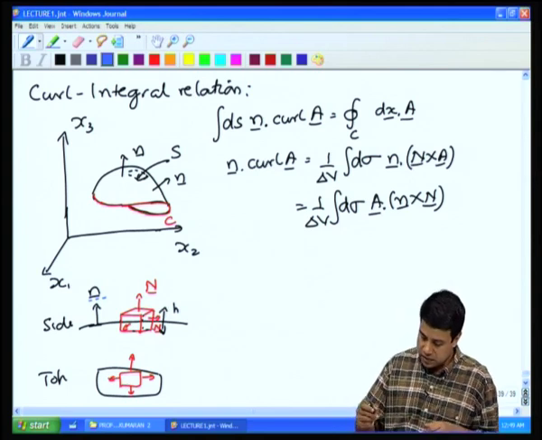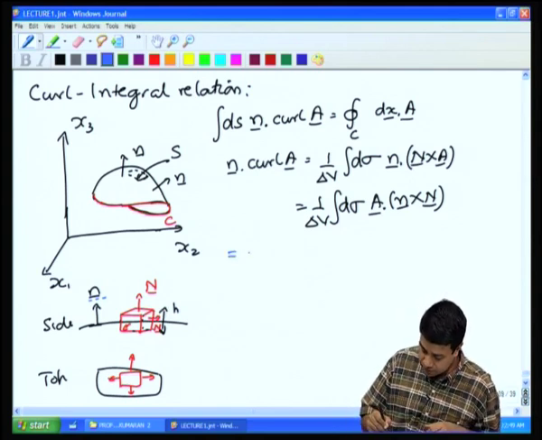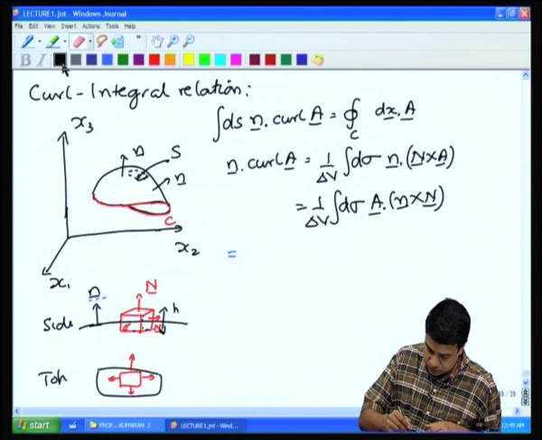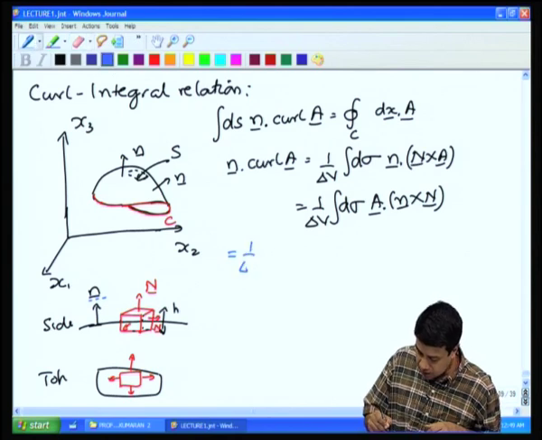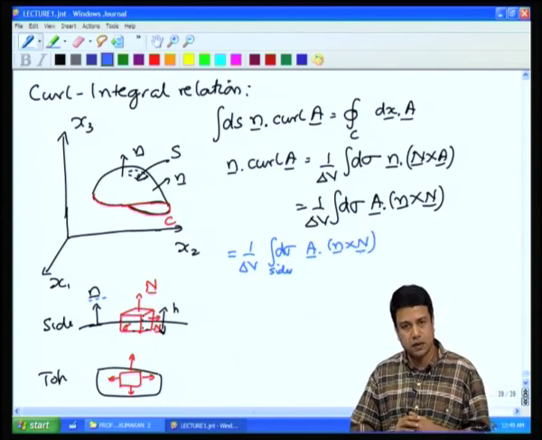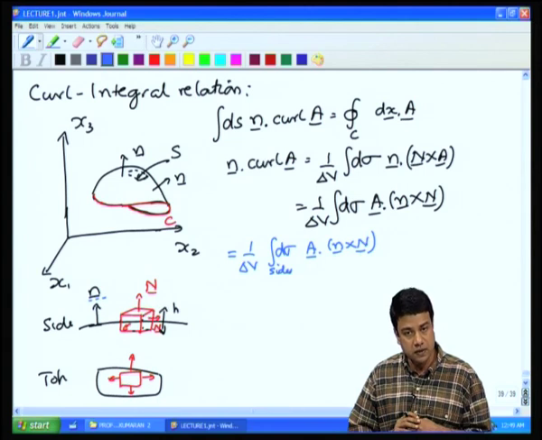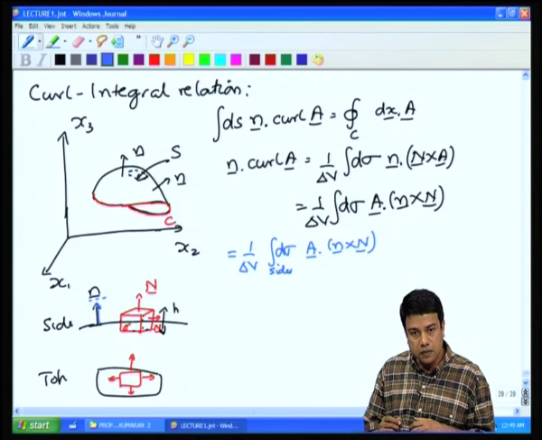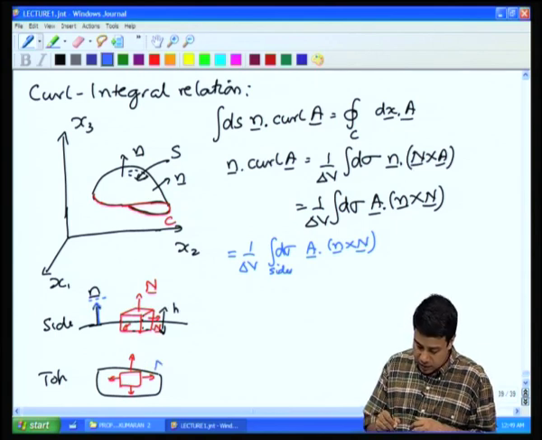So, this is also equal to one by delta V integral d sigma over the sides alone of A dot n cross n. And what is the integral over the sides? Over the sides, the outward unit normal n is pointing in this direction, whereas the outward unit normal capital N is actually pointing in these directions.